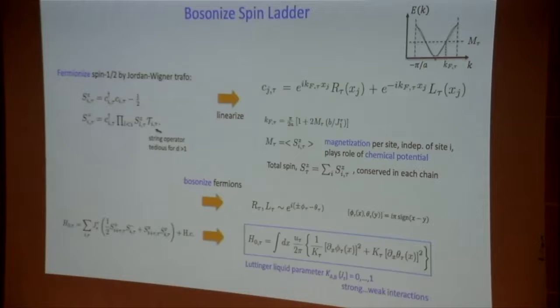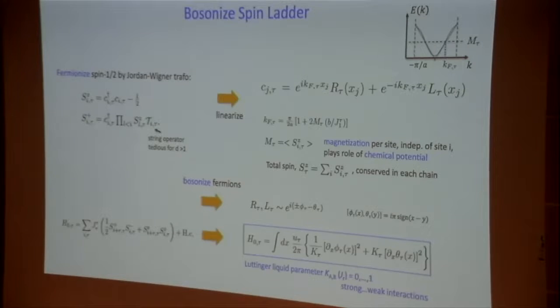I will show in a second how. If K is very small, then we call this strong interactions in the system. And if it approaches the free case, then K is 1.